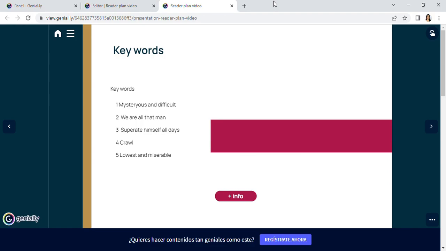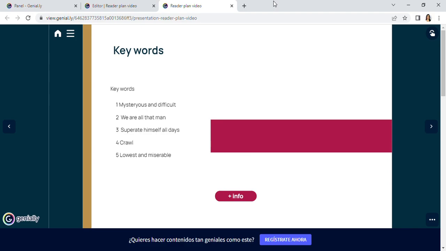We know that he's trying to separate himself all days, and we know that he's a man because in the phrase I read before, they say that there was a man. The fourth one, crawl, the meaning of this word is to mix us with the other people, to be more sociable and something like that. It is to crawl when, for example, you are at a concert, you have to mix with the other people to listen to the music.